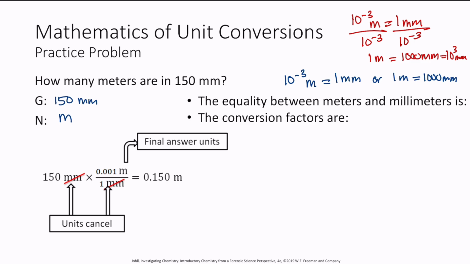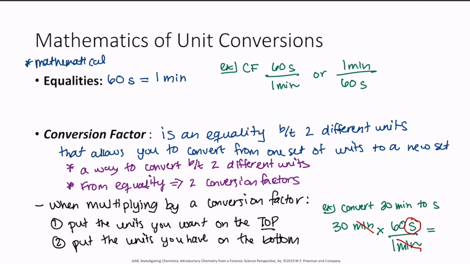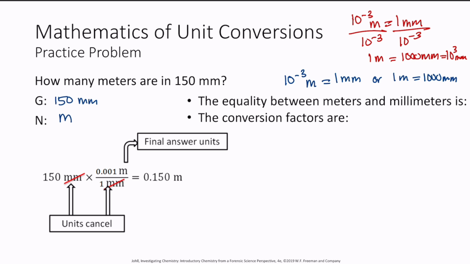Now, if you remember, the units that you're trying to solve for, put the units you want on the top. So I look at my need, I have meters. I'm going to write my meters on the top. So I will write for my conversion factor 10 to the negative 3 meters over 1 millimeter.